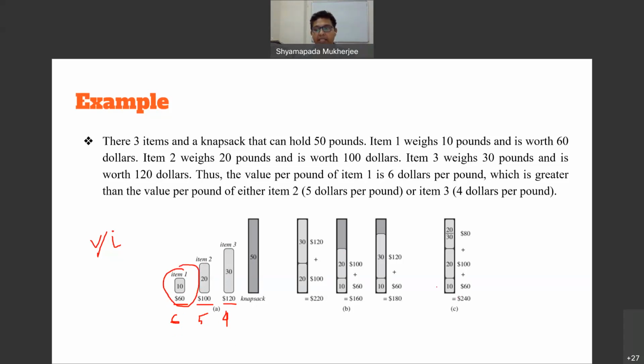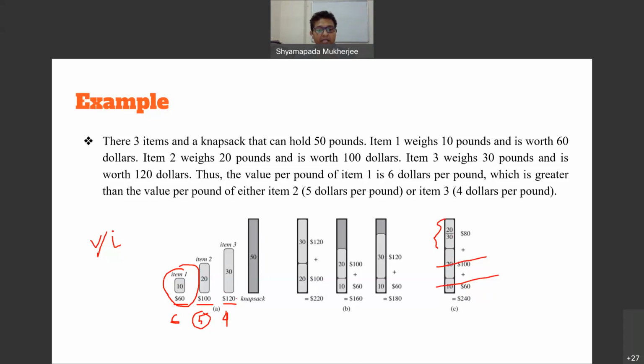So we will take this entire part 10 here, and then we are having these two items. This is giving maximum dollar per pound 5, so this will also be taken entirely, 20, but we are left with a capacity of only 20, because 30 of the knapsack is full.